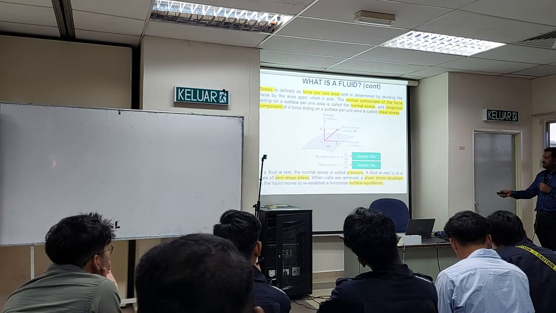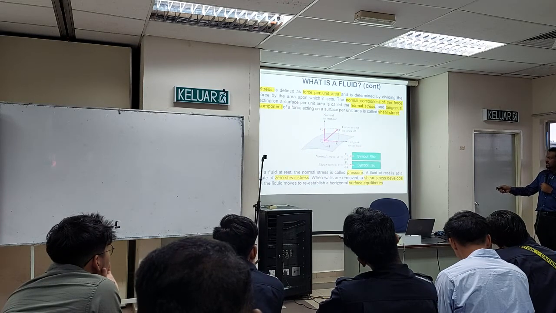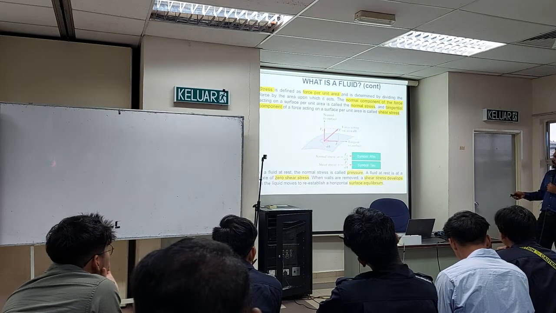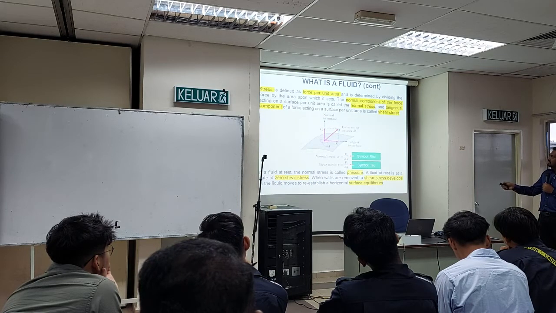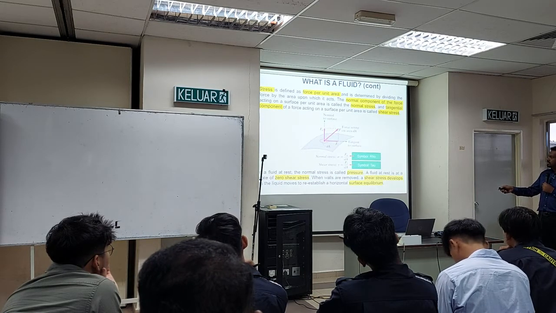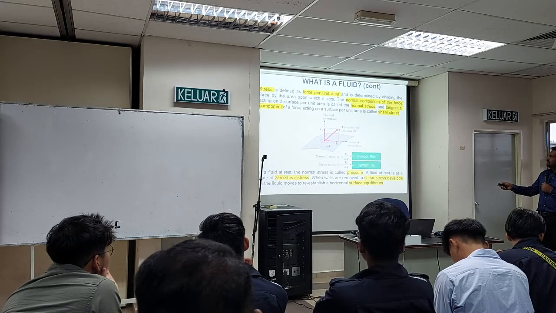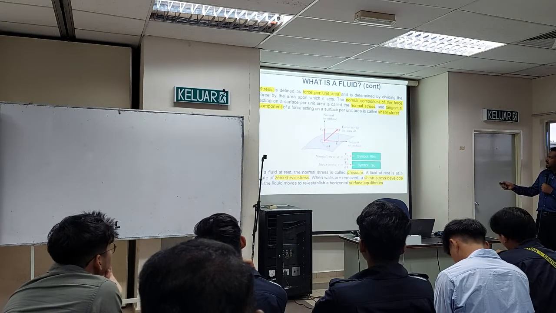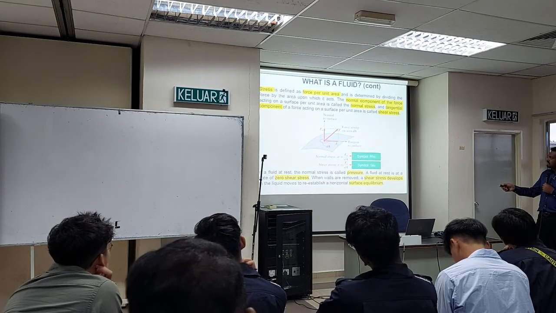So this is in line with the surface and this is perpendicular, 90 degrees. So this is a normal stress. So a normal component, meaning 90 degrees to the surface, we call it a normal stress. And tangential stress kita panggil as shear stress.